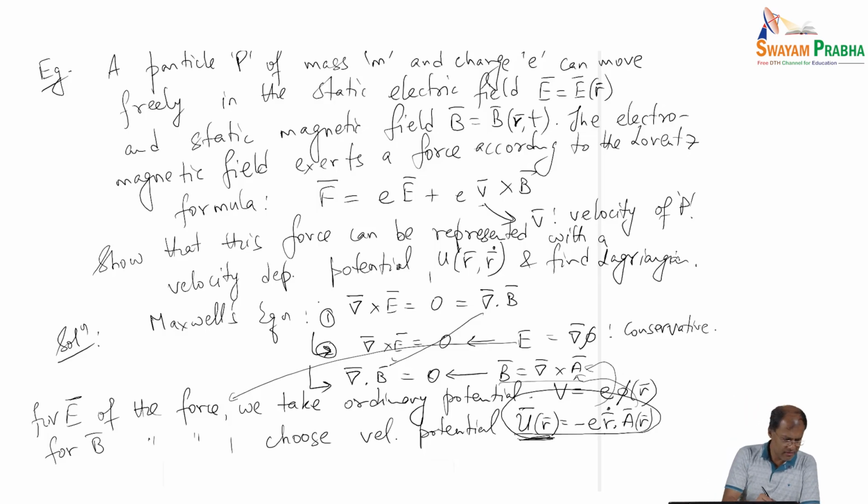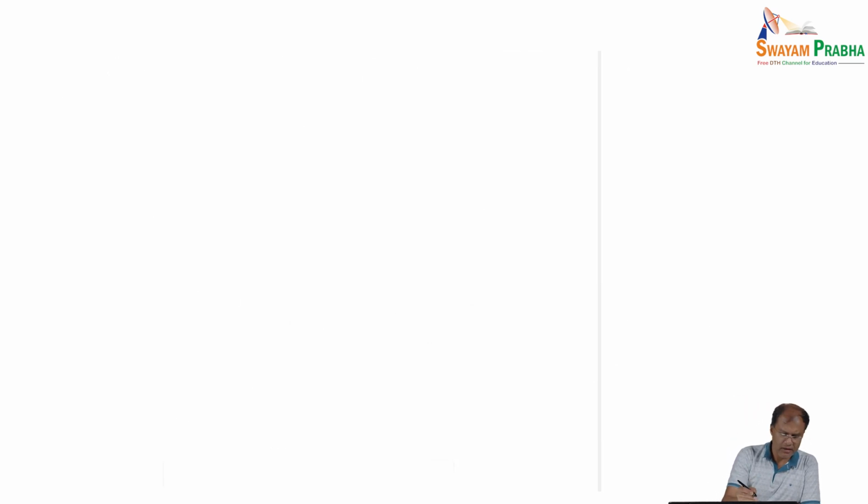So let us look at U. So U is now R dot A of R. Okay, we have divided by minus E, that's a constant, that's the charge of the electron. And let us now look at this quantity here.